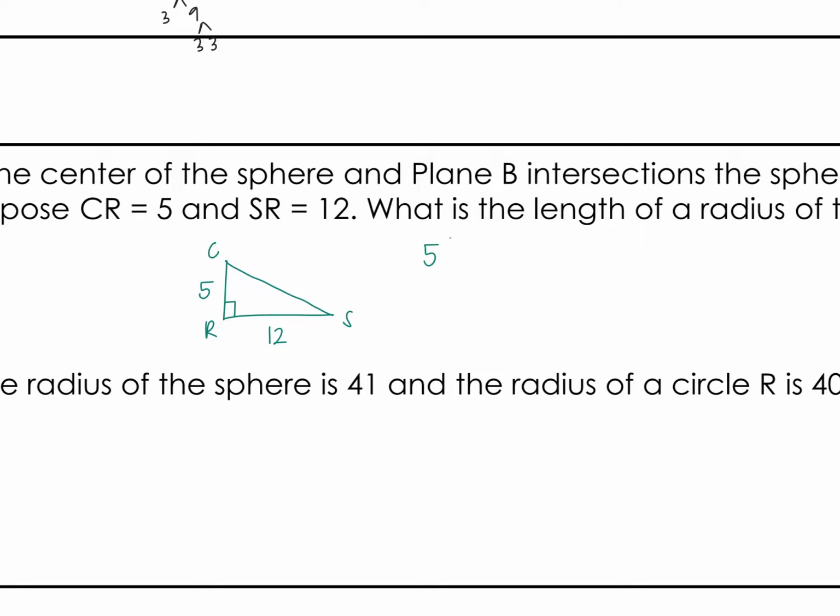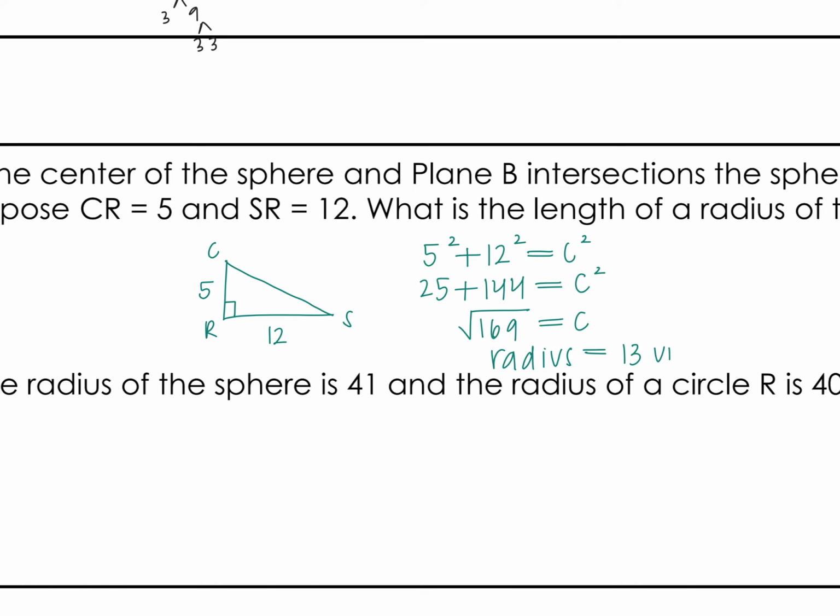So we'll have 5 squared plus 12 squared is equal to C squared. So 25 plus 144 is equal to my c squared. I'm taking the square root of 169 to get my c, which is going to give me 13. So my radius is going to be equal to 13 units.